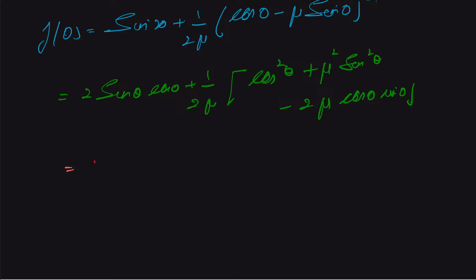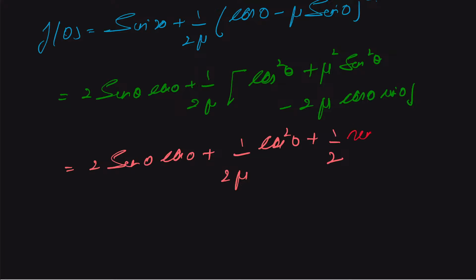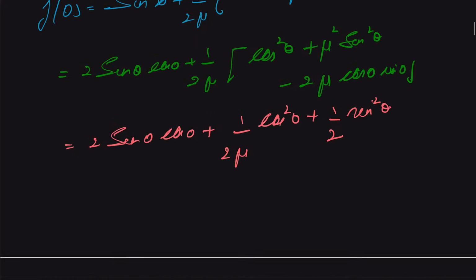So we get this as 2 sine theta cos theta plus this comes as 1 by 2 mu cos squared theta plus this will be mu by 2 sine squared theta, and it will be minus cos theta sine theta, the mu cancels.